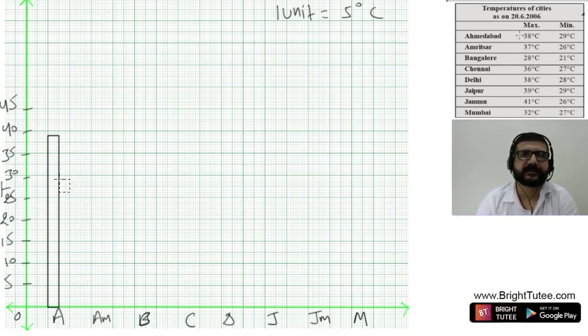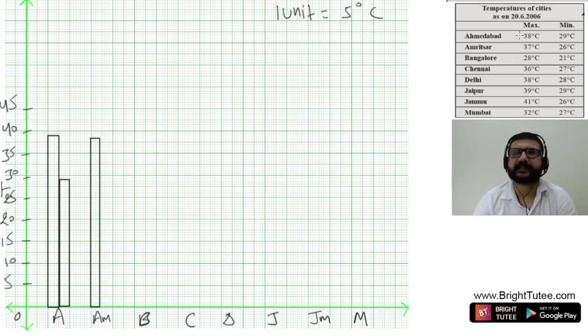So it will be approximately like this. And for Amritsar, the highest temperature or the maximum temperature was 37 degrees Celsius. So it will be like this. And then the minimum was 26 degrees Celsius. So it will be like this.